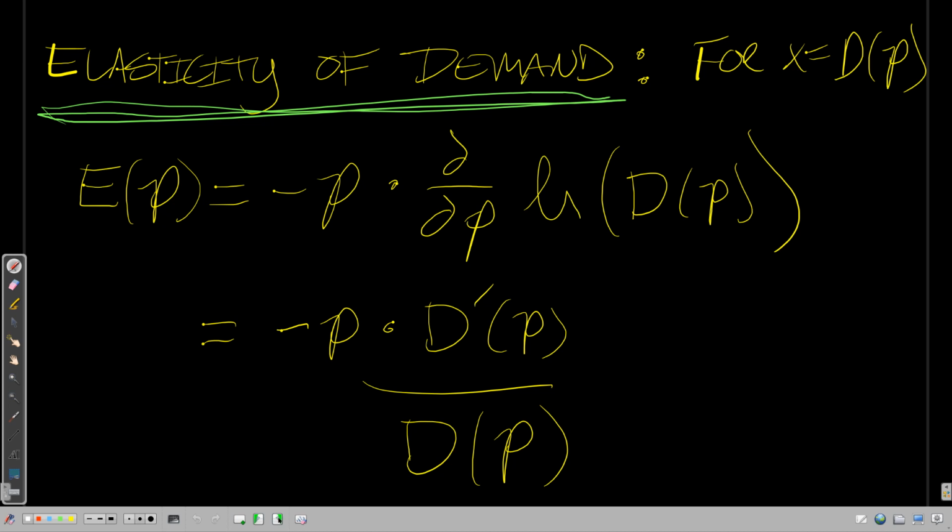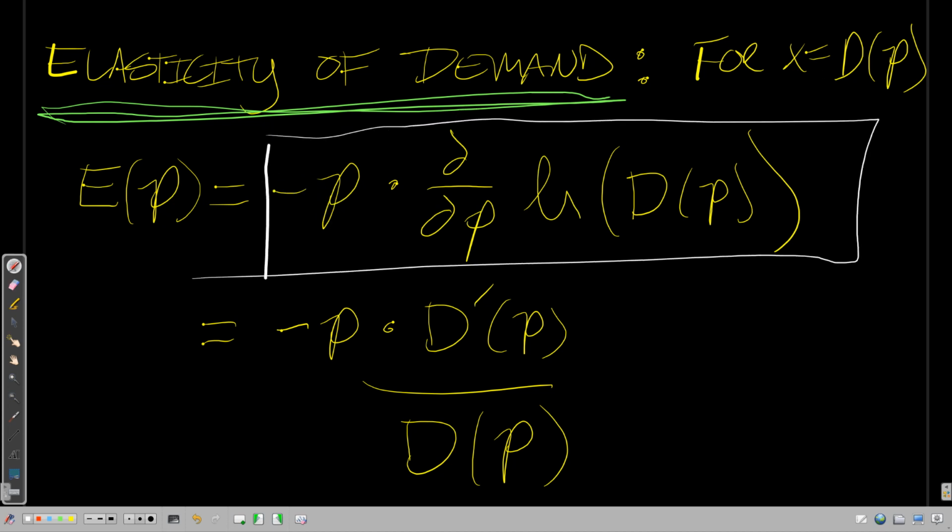Elasticity of demand. You would be given a demand function that tells you for a given price how many units are demanded. And if so, then the elasticity of the demand, I like this formulation.